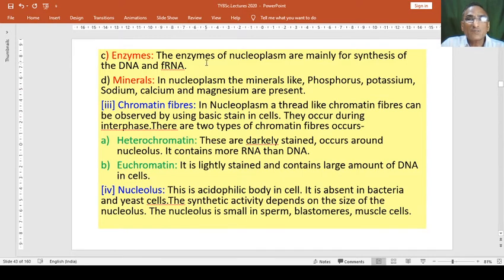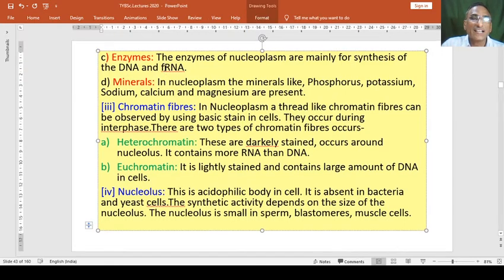The enzymes of the nucleoplasm are mainly for the synthesis of DNA and RNA. That means there are some enzymatic elements which play a key role in the formation of DNA and RNA, or we can say deoxyribonucleic acid and ribonucleic acid. In addition to enzymes, there are some minerals present in the nucleus.